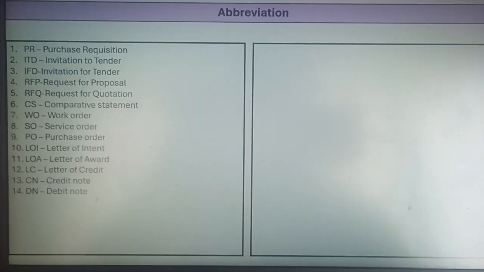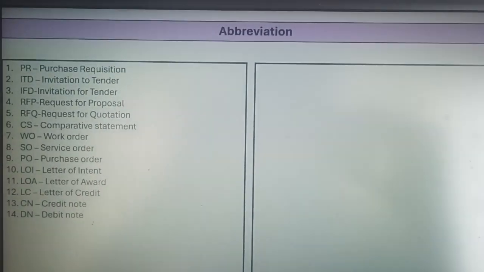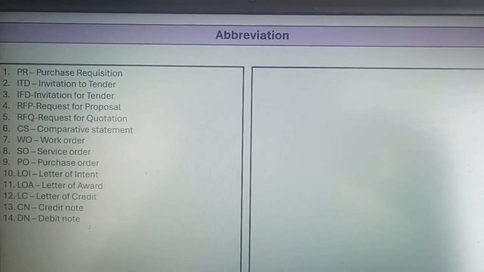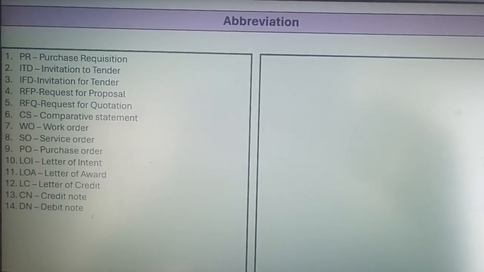The other point is DN. It means it is called a debit note. When is the debit note used?